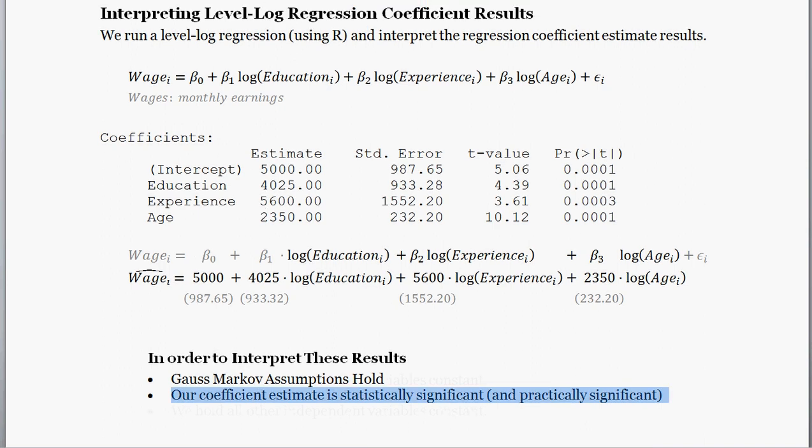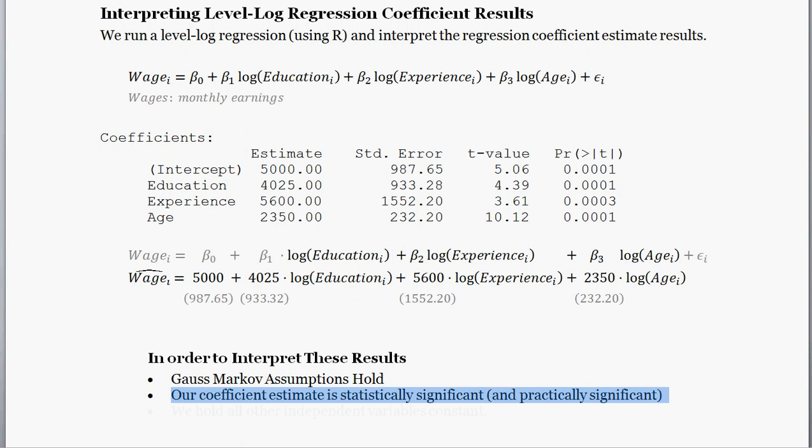In terms of practical significance, it's pretty qualitative: basically, is the effect size noticeably big? Given an underlying variation in the variable we're concerned with, like education here, is the coefficient estimate large enough to have an effect that we'll notice in the real world?